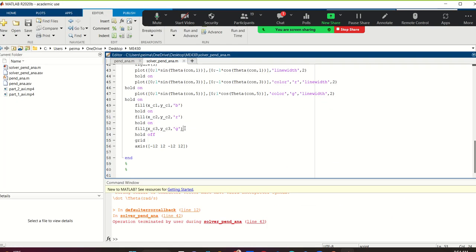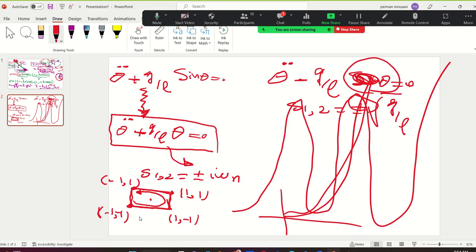Fill. This is the command, guys. The first x was -1, second x was 1, third was 1, fourth was -1. These are the x's: -1, 1, 1, -1.